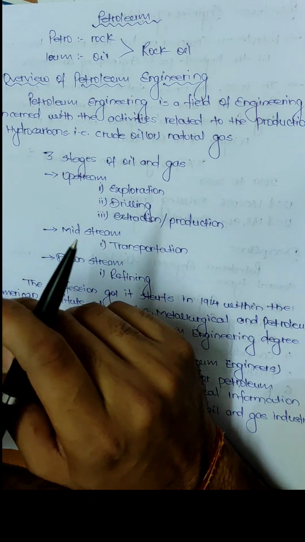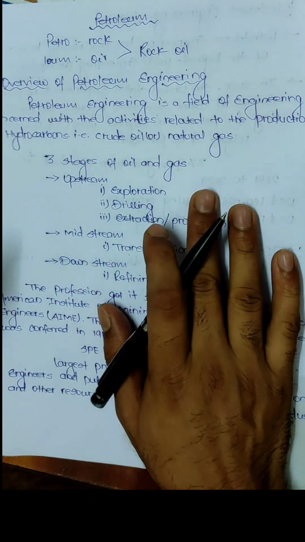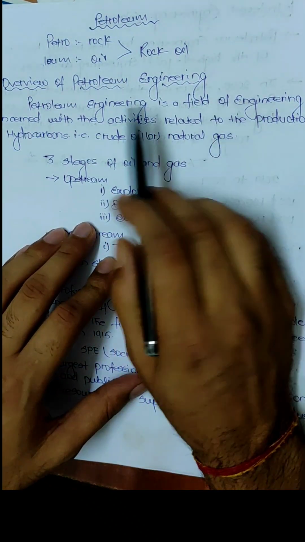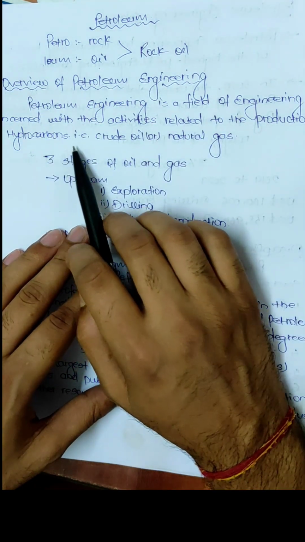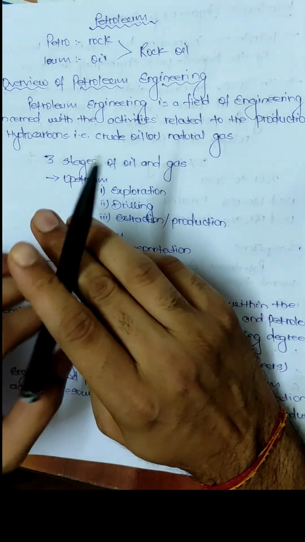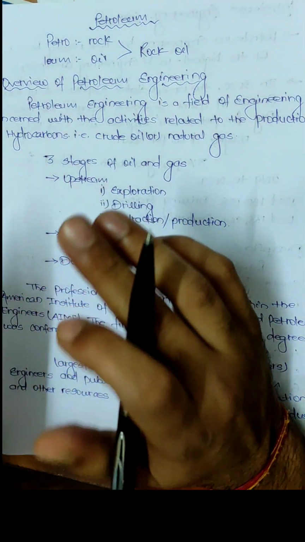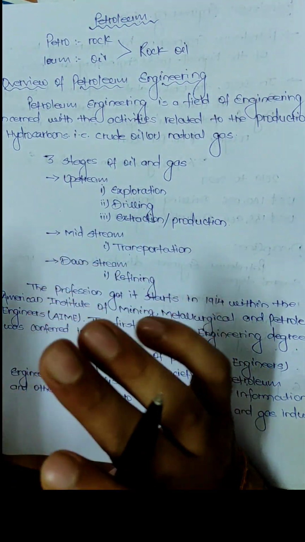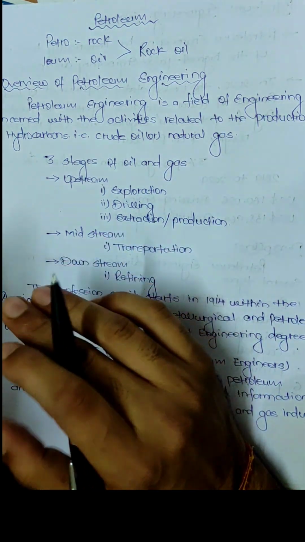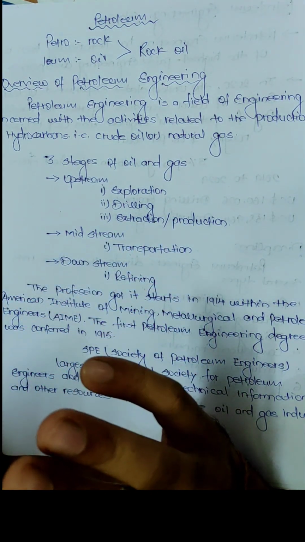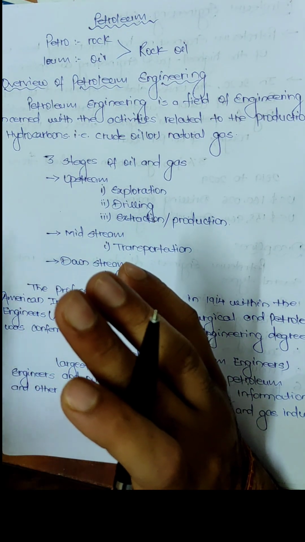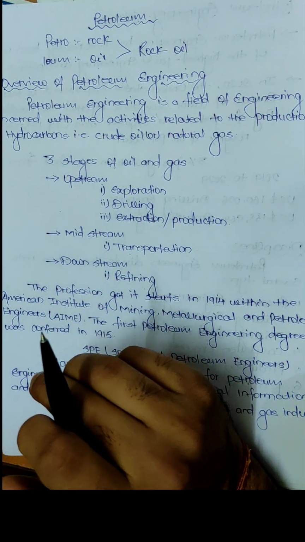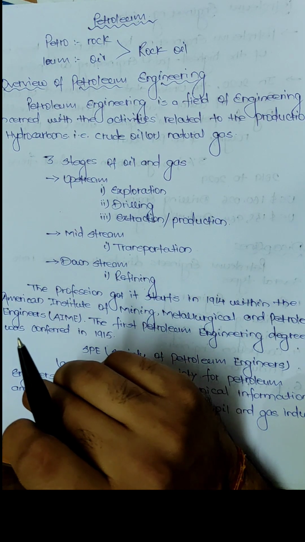Now, the overview of petroleum engineering. Petroleum engineering is a field of engineering concerned with activities related to the production of hydrocarbons, that is crude oil and natural gas. So basically the work of a petroleum engineer is to extract crude oil, or hydrocarbons, from the subsurface of the earth.